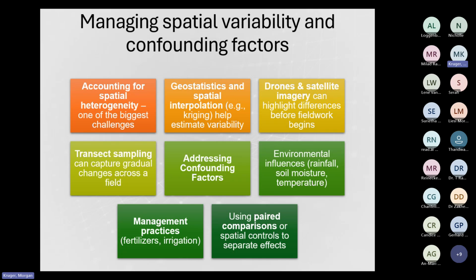So it's important to know how to deal with these confounding factors when you are modeling your data to try and answer a specific question. Employing strategies like paired comparisons or spatial controls can help isolate the effects of these confounding factors and ensure that observed changes are attributed to the right causes or variables and not external influences.